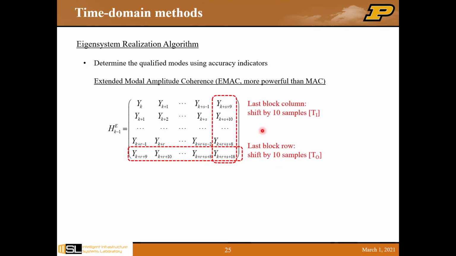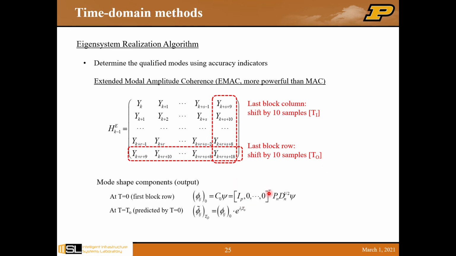This is the last block column. By default, it is shifted by 10 samples, corresponding to T equal to T input. The last block row is also shifted by 10 samples, corresponding to T equal to T output.